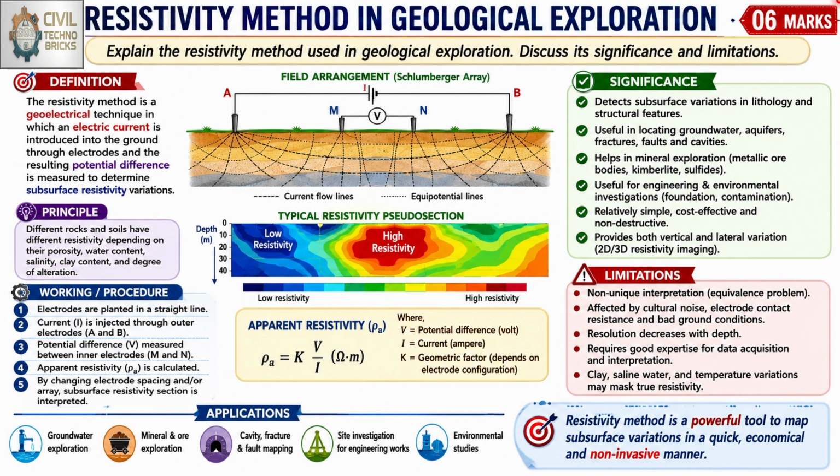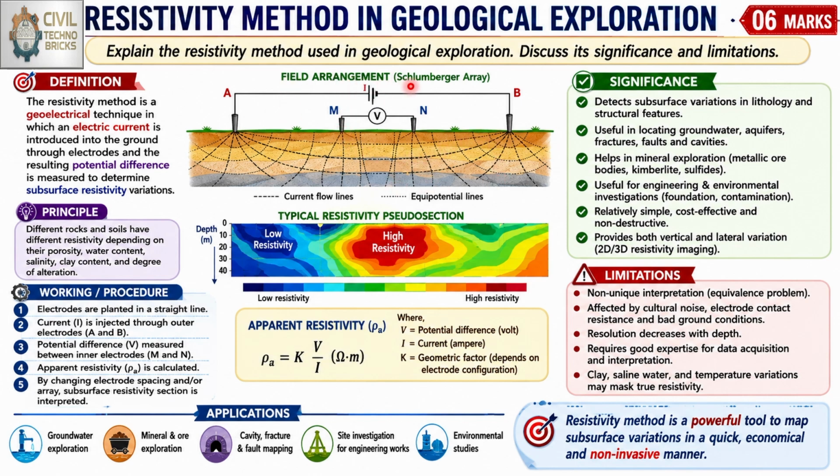The resistivity method is a geoelectrical technique where geology and electrical conditions are compared together, in which electric current is introduced into the ground through the electrodes, and the resulting potential difference is measured to determine the subsurface resistivity variations.